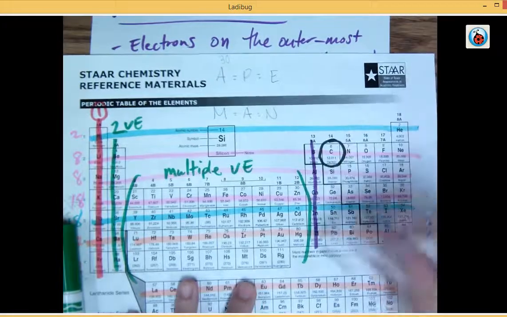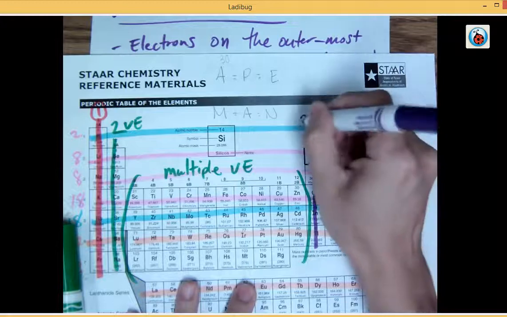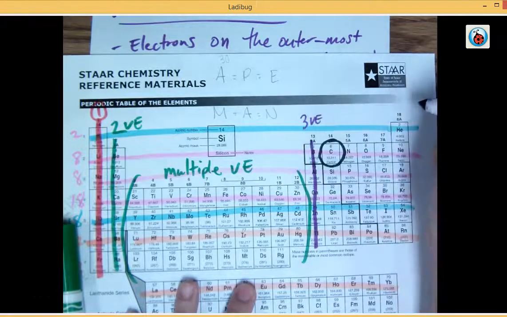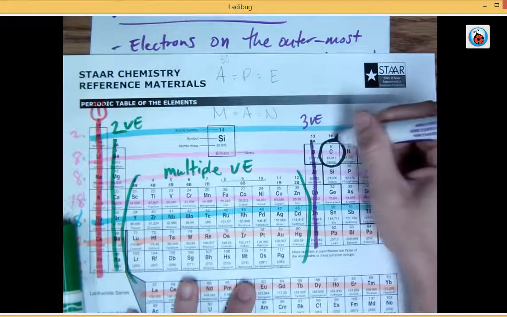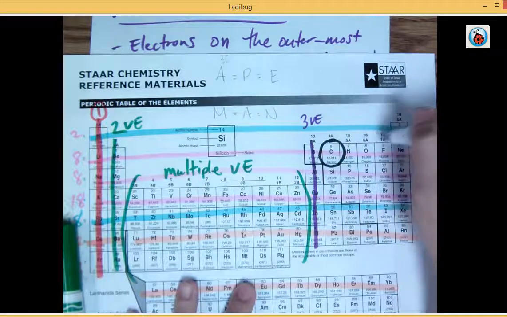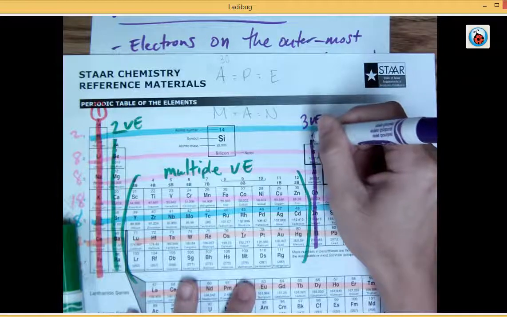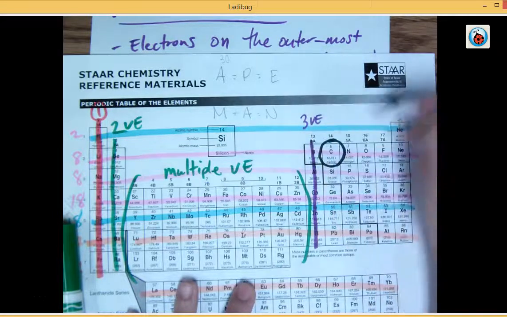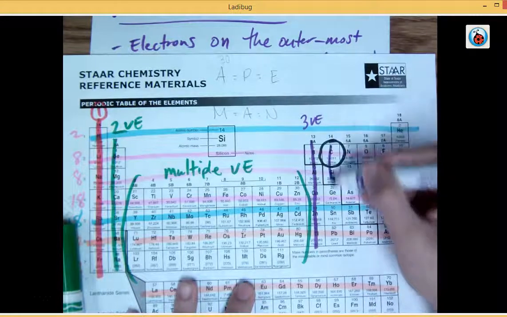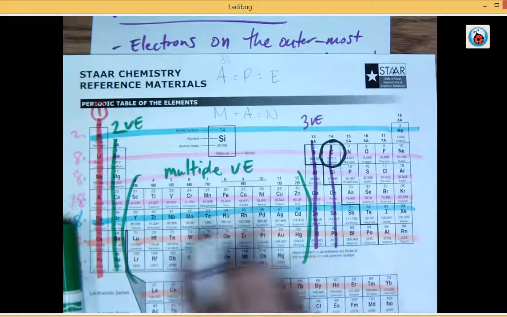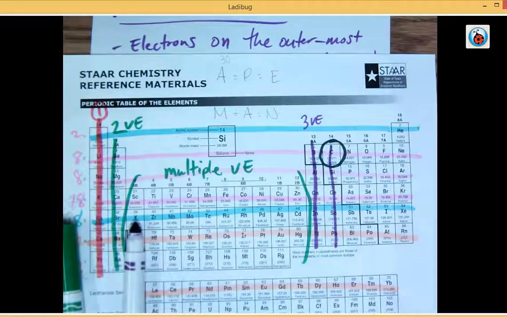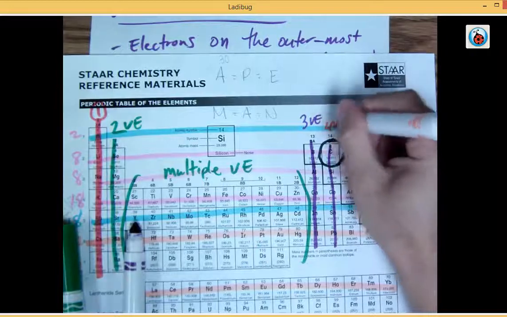And the 13th column here, 13, guys, there's 3 valence electrons. Groups 13, 14, 15, 16, 17, and 18: you can drop that 1 in the front. 13 becomes a 3. 14 becomes a 4. This is 4 valence electrons here.